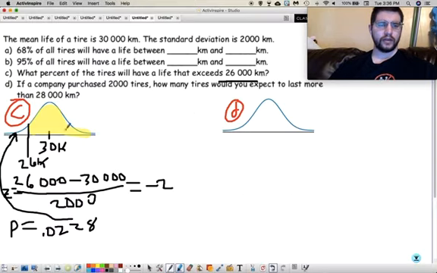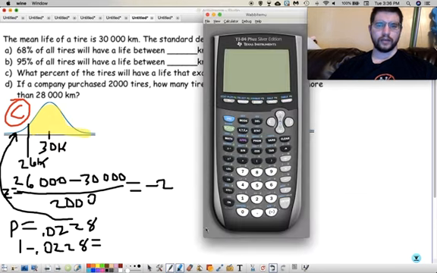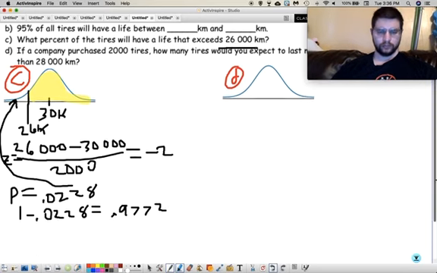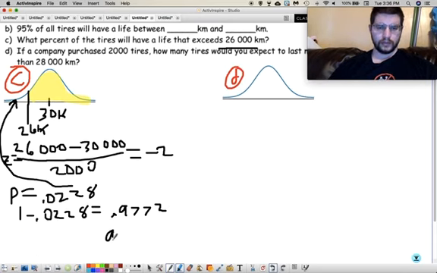So to find the area to the right, we're just going to do 1 minus that. Use your calculator. 0.9772. So the percent is 97.72%.